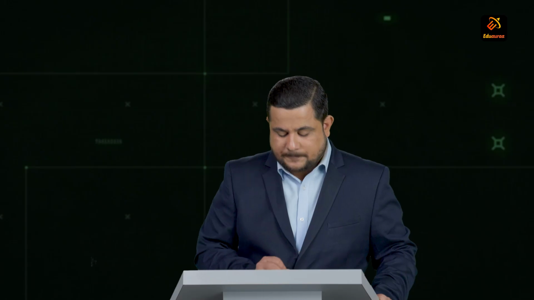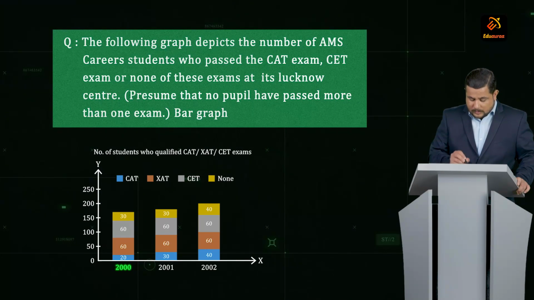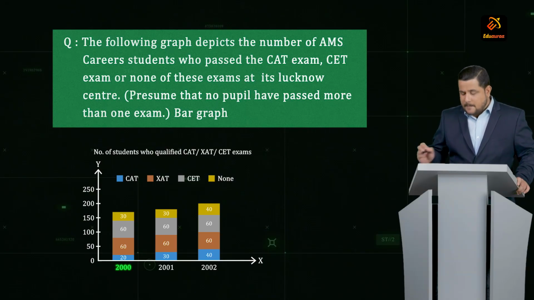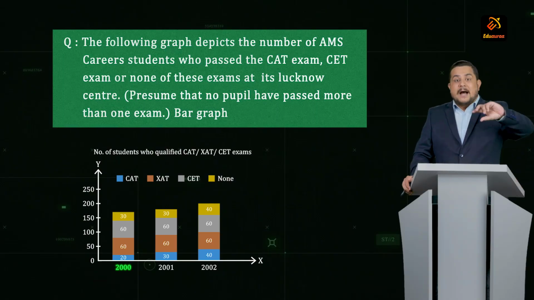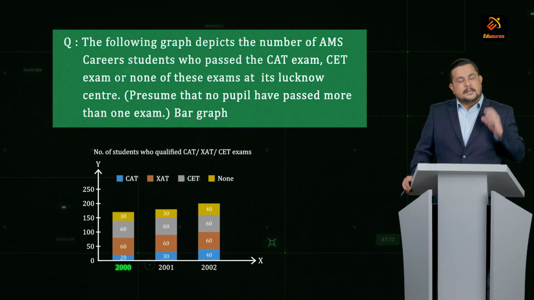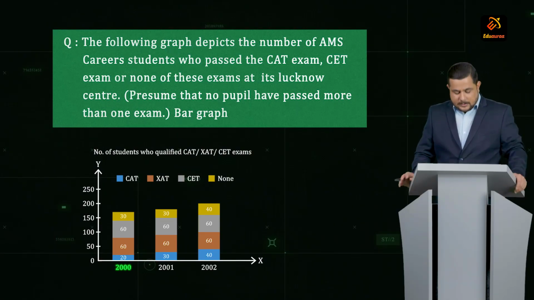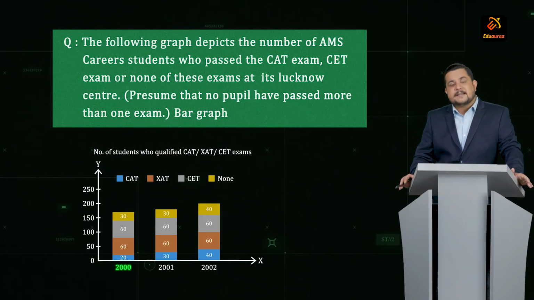Now let us talk particularly about the year 2000. How will you analyze how many belong to CAT? Here you can see a bar, but that bar is subdivided into parts, segments in different colors, and different colors indicate different exams.